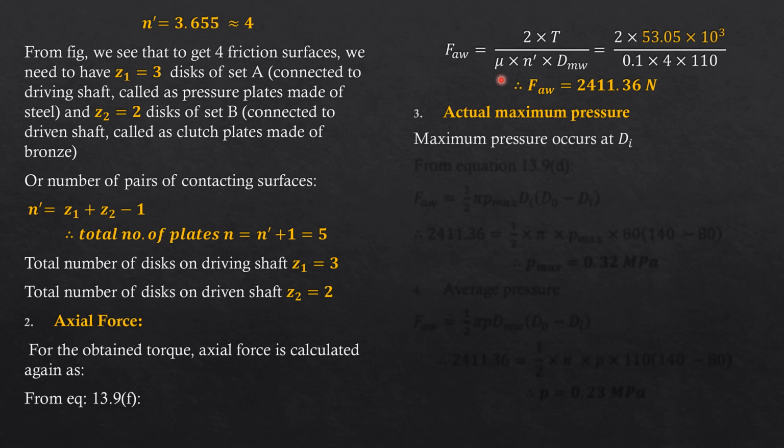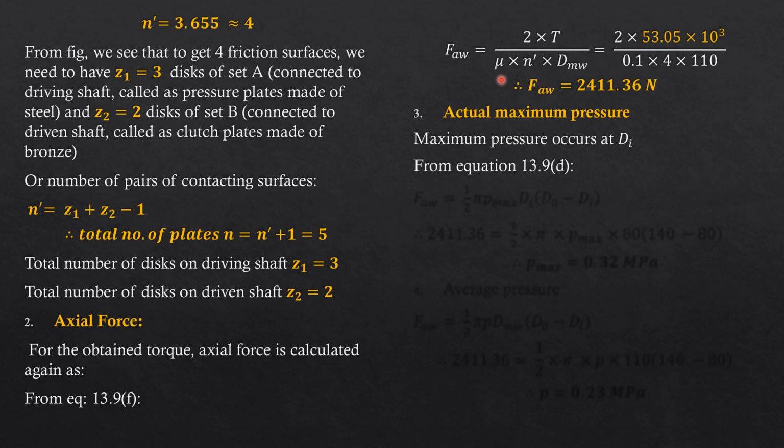Therefore number of plates is obtained, axial force is obtained. Let's move into actual maximum pressure. Right now, since we are talking about uniform wear theory, pressure is not uniform across the plate, right? We know that the disc has slightly worn out, and therefore the pressure is not uniform across the plate. If you remember the introductory video, in the pressure distribution figure for uniform wear, we see that pressure is maximum at the inner diameter, and as we go outwards, pressure will fall, right?